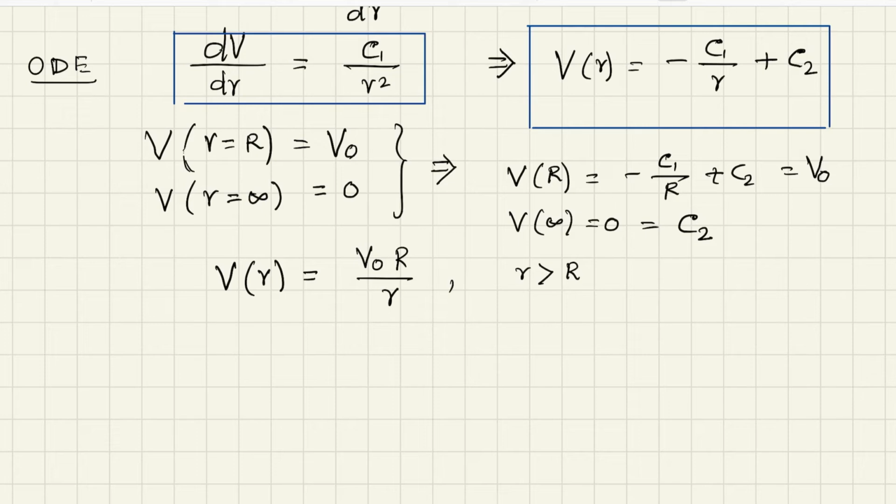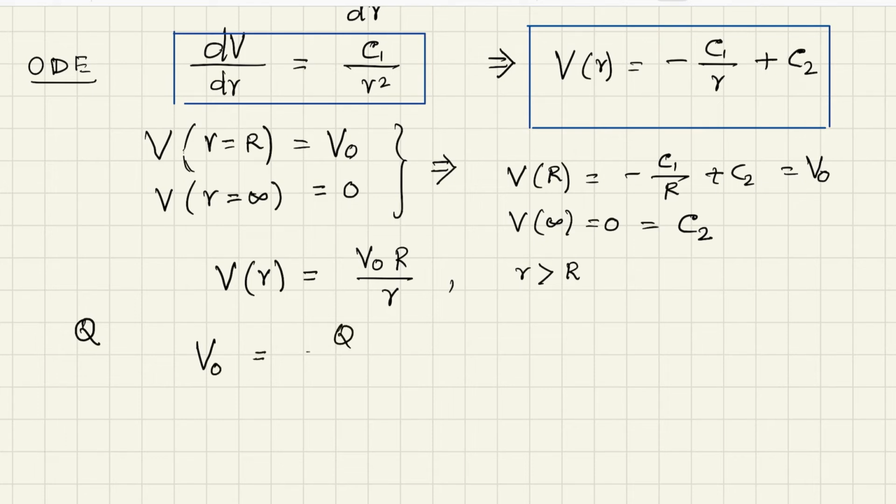Now one can compare this, as we were asked to do, with the case of a total charge Q spread over a radius R. In that case we know what my V is. Let's call it V naught.